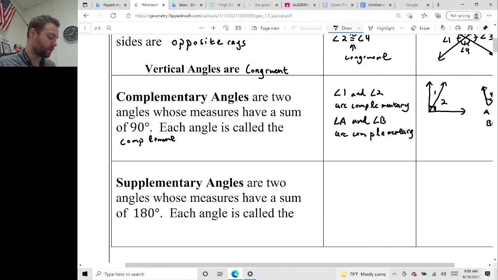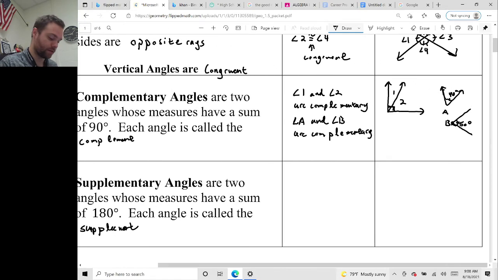Supplementary angles are two angles whose measures have a sum of 180 degrees. Each angle is called the supplement. And we've got a similar situation, right? If I draw a straight line across and I've got a ray extending off of that, I've got angle 1 over here and angle 2 over here.